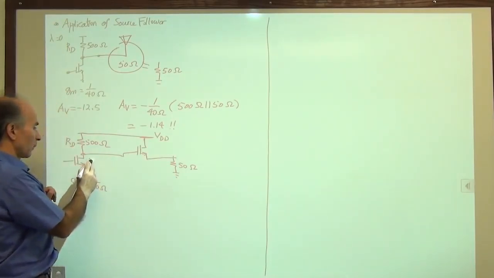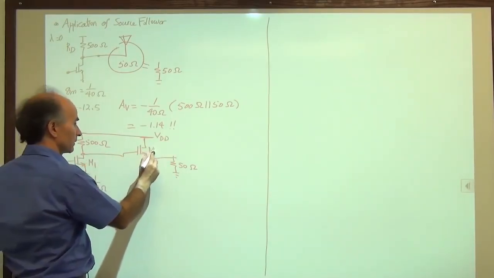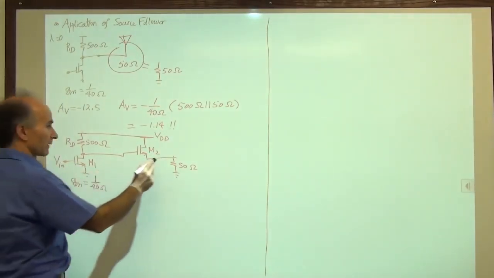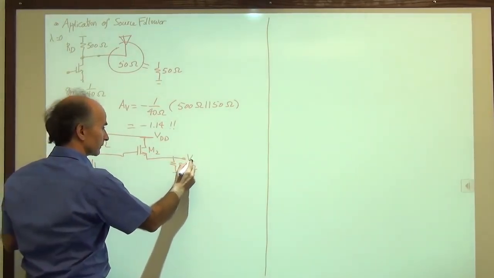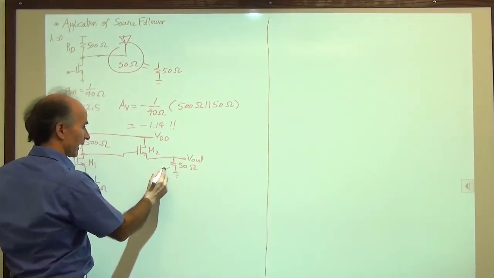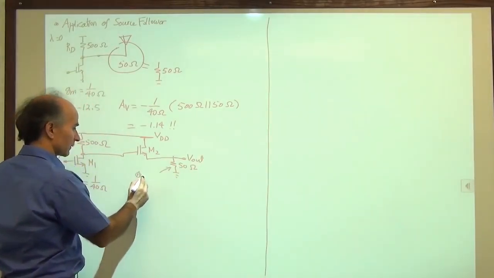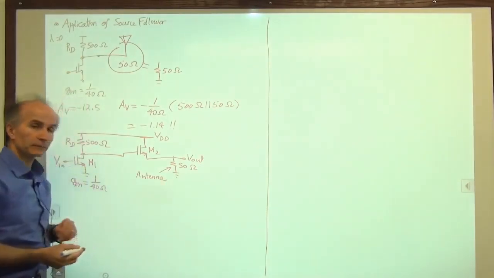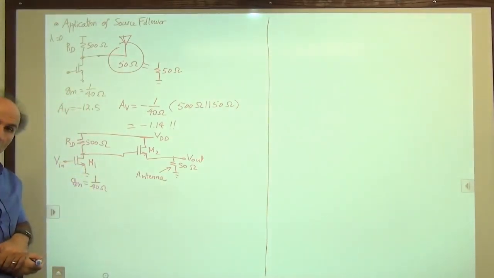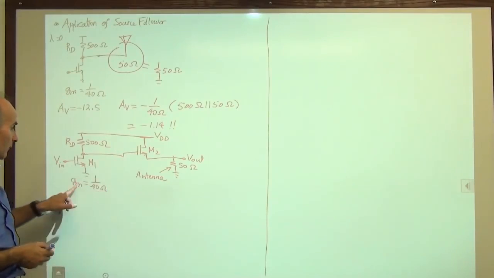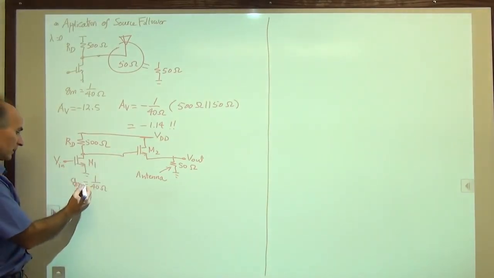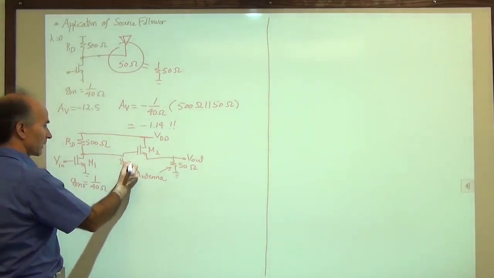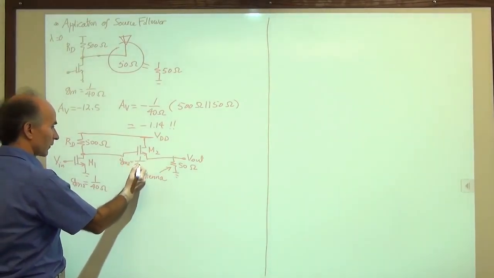So we call this M1, this M2, and this is Vin, and this is Vout. And this is the antenna. Okay, let's assume the same gm for M2 as well, just for simplicity. So gm2 is also 1 over 40 ohms.